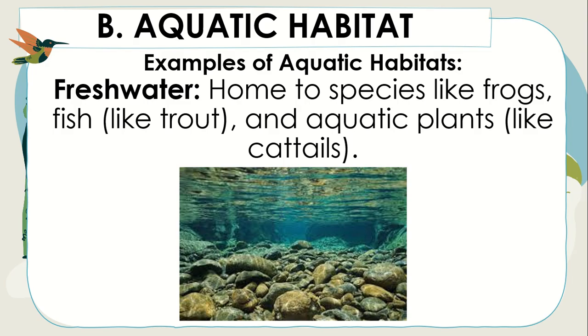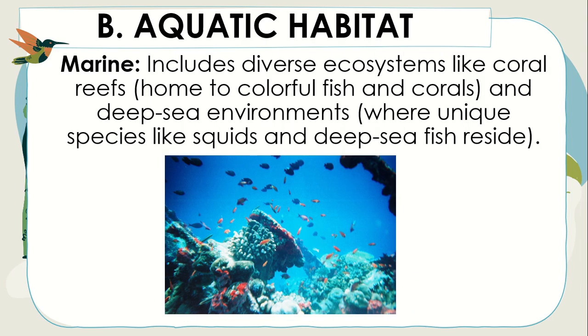It is a home to species like frogs, fish like trout, and aquatic plants like cattails. Marine includes diverse ecosystems like coral reefs. It is a home to colorful fish and corals, and deep sea environments where unique species like squids and deep sea fish reside.